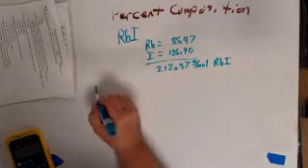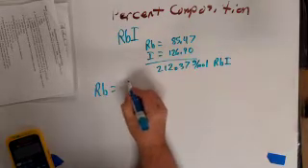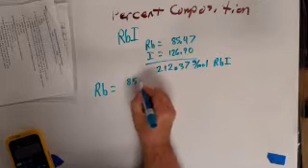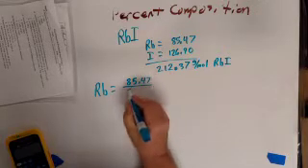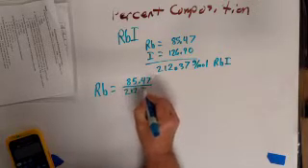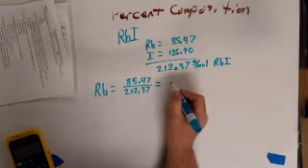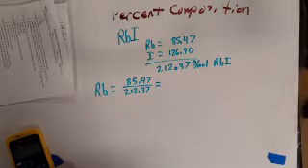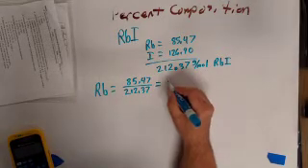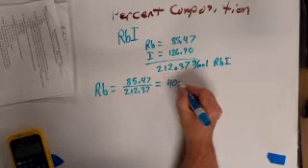All right, so for rubidium, we're just going to say 85.47 divided by 212.37. All right, so 85.47 divided by 212.37, and that gives you 0.402.